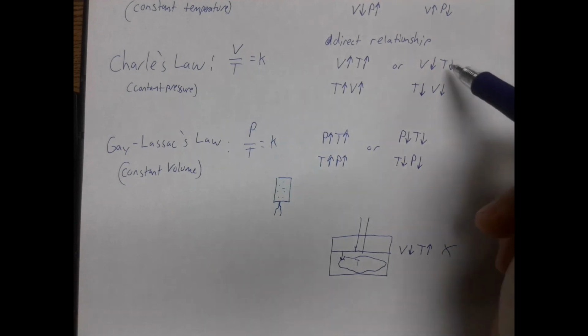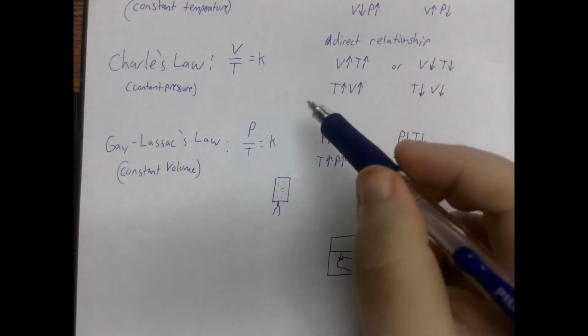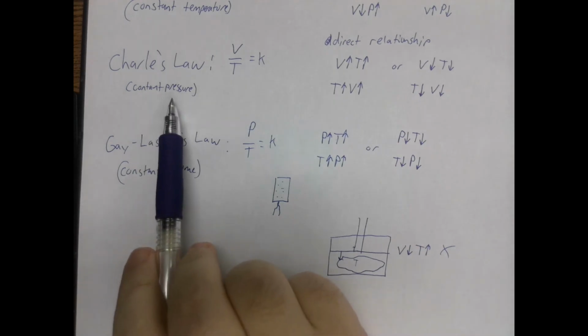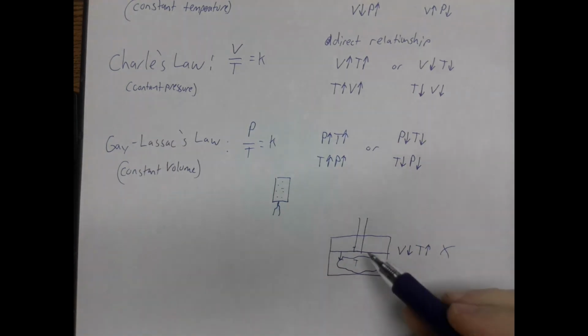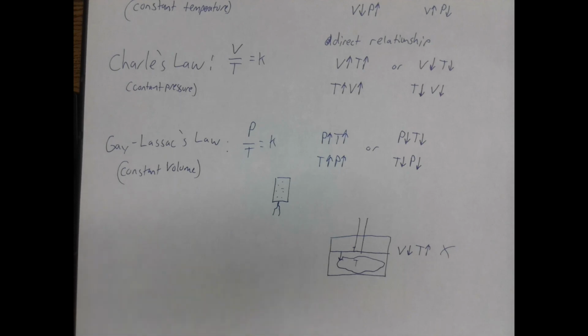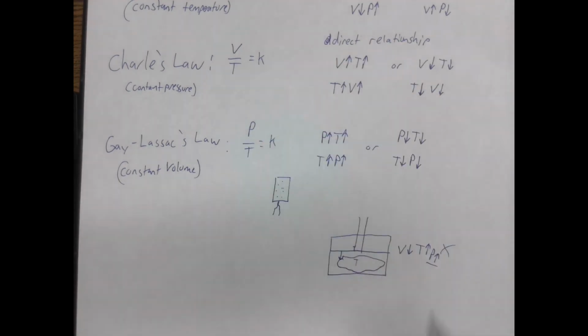So when does this law only work? It only works when pressure stays constant. If I squeeze on the gas, if I press really hard on the gas, pressure is going up. So pressure is no longer constant, so this law fails.